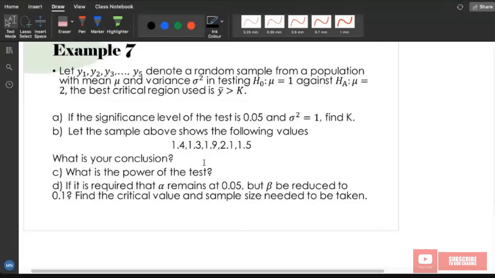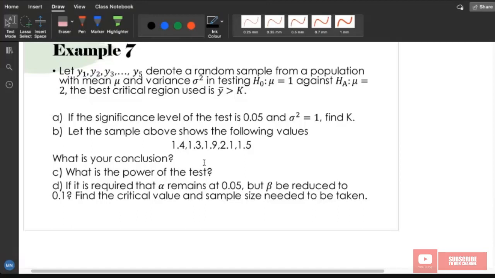So this is example number 7. Y1 until Y5 denote a random sample from a population with mean equal to mu and variance equal to sigma square, and we are testing the null hypothesis mu is equal to 1, alternative hypothesis mu equal to 2. The best critical region is y bar more than k.